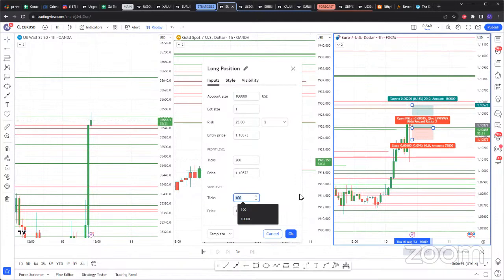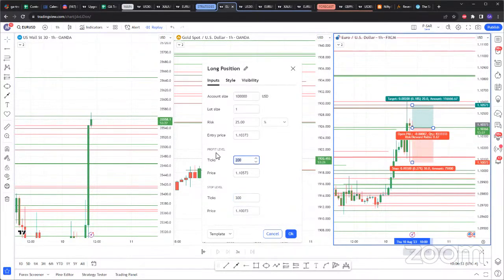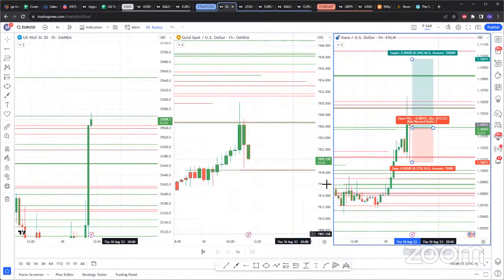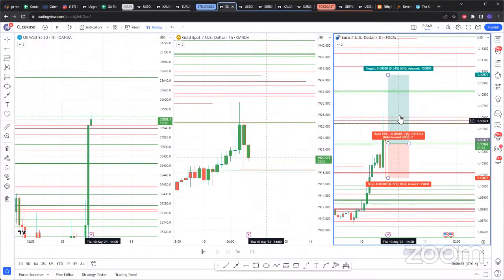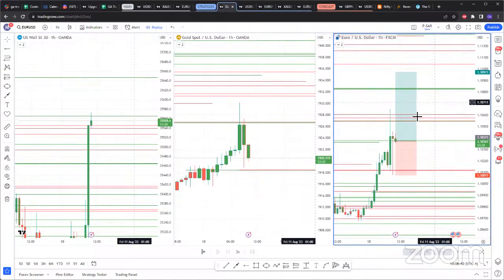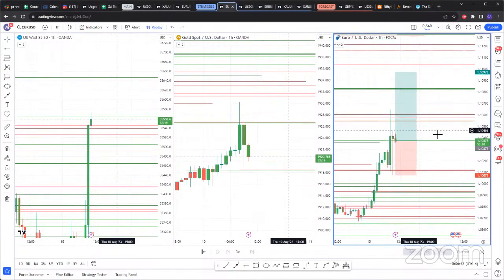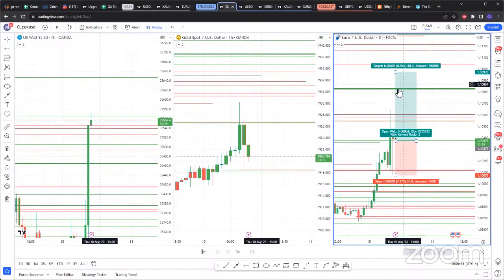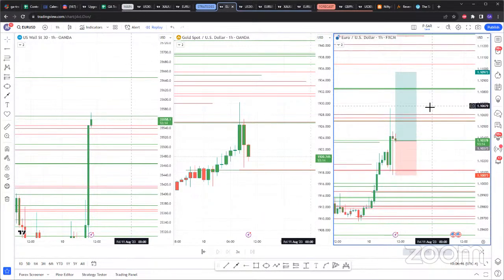But the reason I'm not using a 30 pip stop is because for me to get a 1:2 using a 30 pip stop loss, my TP would have to be above this 3 SAR. If we didn't have this 3 SAR sell zone, I would use a 60 pip TP and 30 pip stop loss.